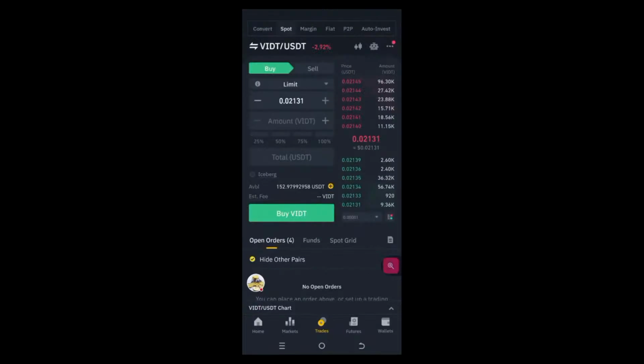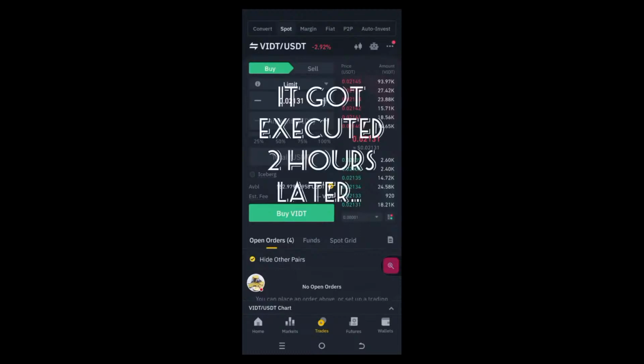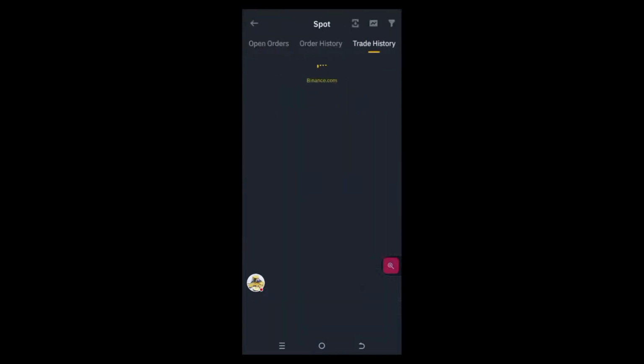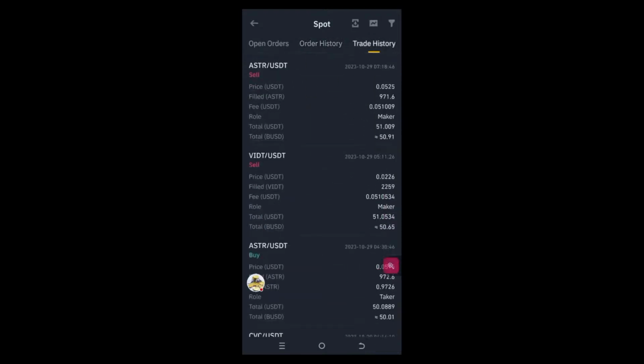We're currently on VIDT, as you can see here, and this trade happened almost 2 hours after we picked the trade. So it executed almost 2 hours after we picked it. Let me just open up the trade history so that we can look at the different points and metrics.